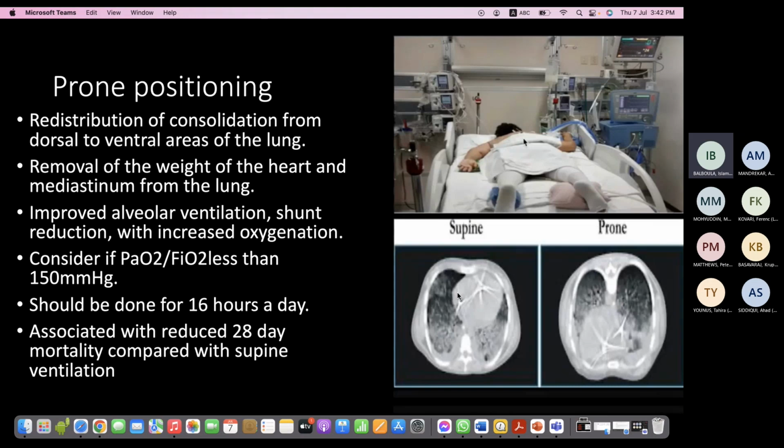So when we prone the patient, we get more blood supply to the ventral part, improving the matching between ventilation and perfusion, and also the cardiac weight. The cardiac weight is now down. It's not over the lung now.